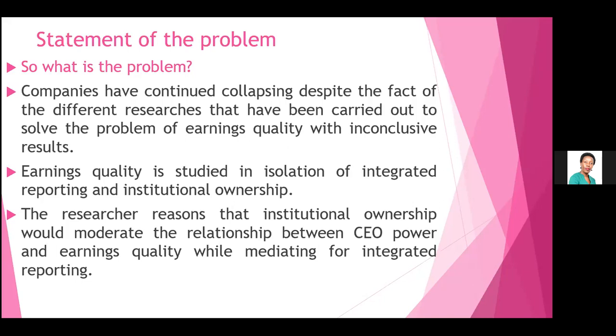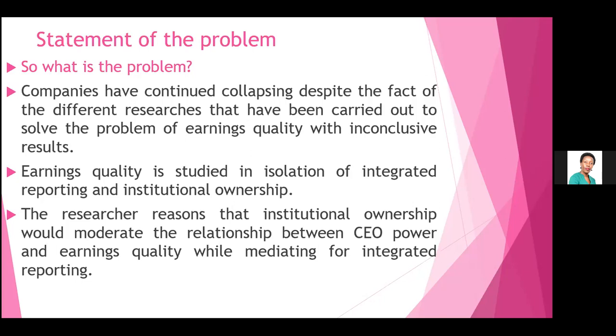What is not right? What are those indicators? What are those pointers for a reader to say that there is a problem in terms of earnings quality that needs to be addressed, that needs our attention? What is that? So this doesn't come out clearly in your problem statement.